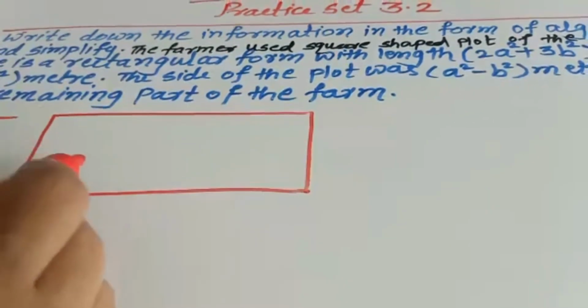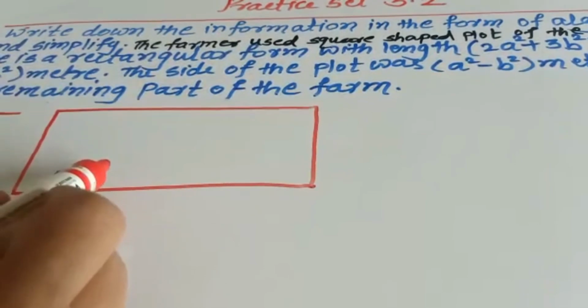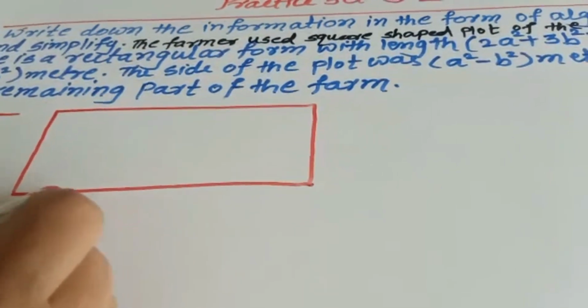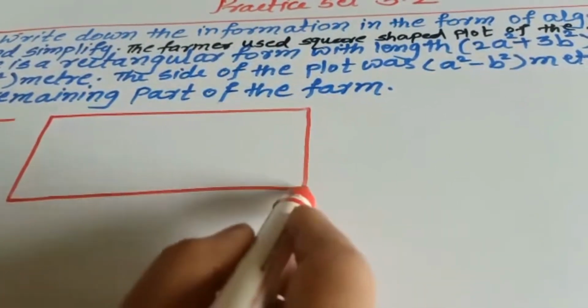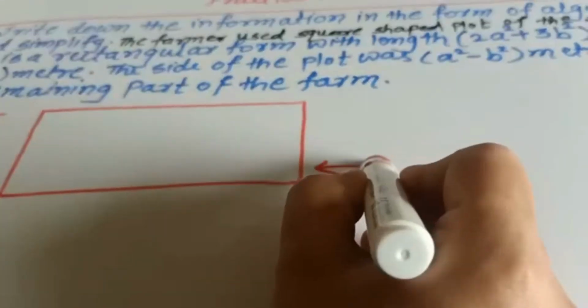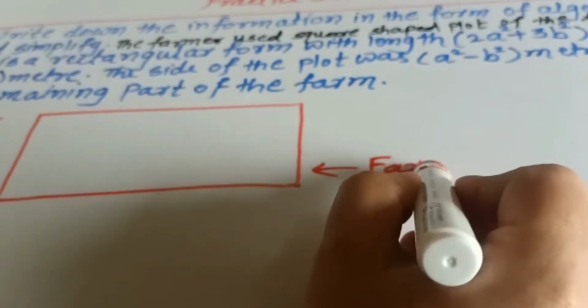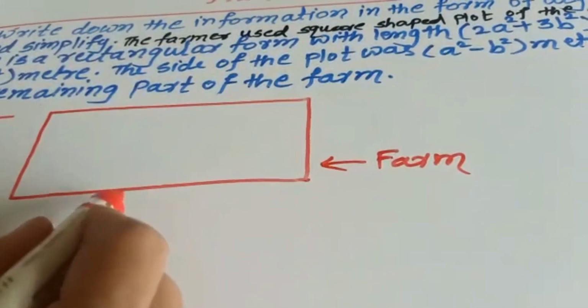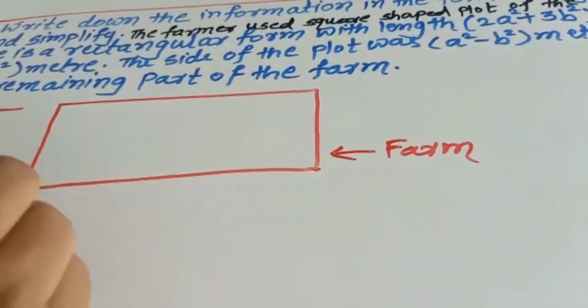Just assume that it is the rectangular shape farm of that farmer. The longest side of this rectangle is the length.